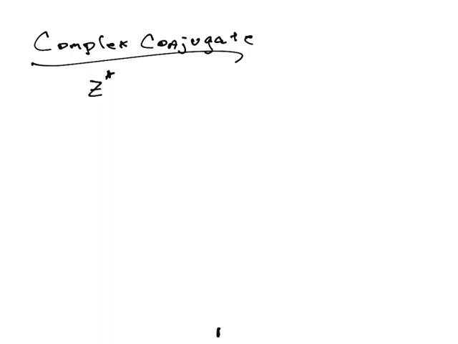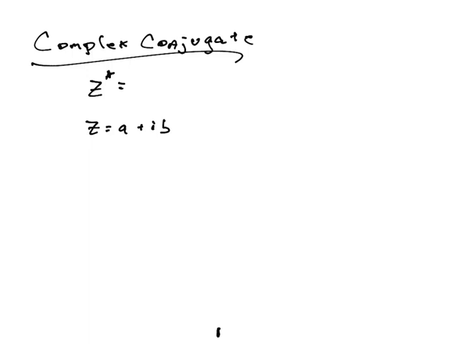And what does that mean? Well, if we say z itself was the number a plus ib, then the complex conjugate of z is the identical number, except everywhere you see an I, you change its sign.